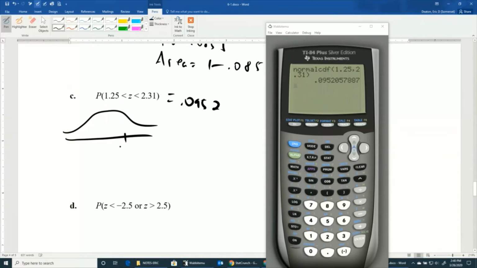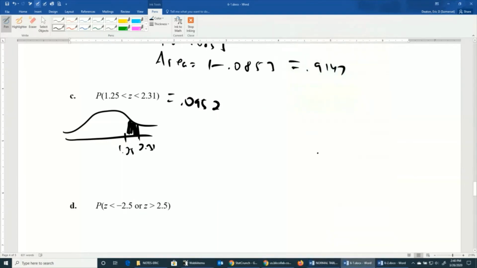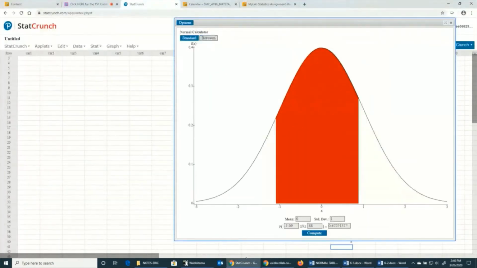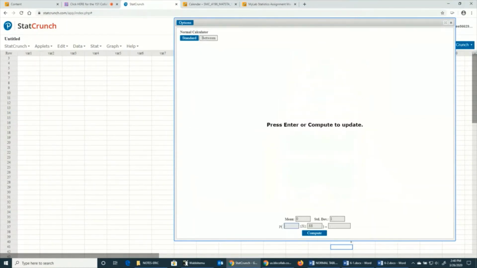If you want to see a picture, 1.25 is over here, and 2.31 is close. Shade in between, not much area. That's why it's a small number. Now StatCrunch, which I do use: 1.25, 2.31, go in between.